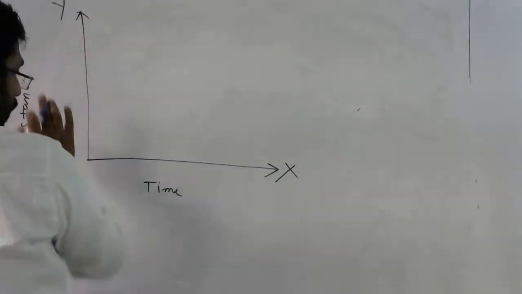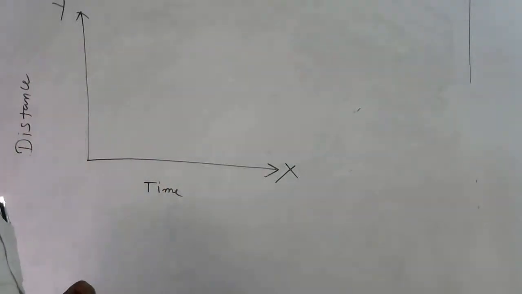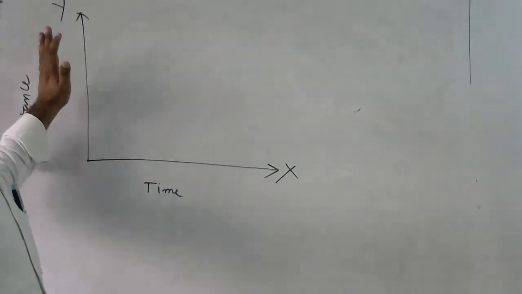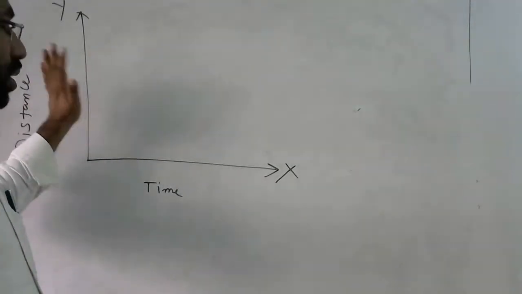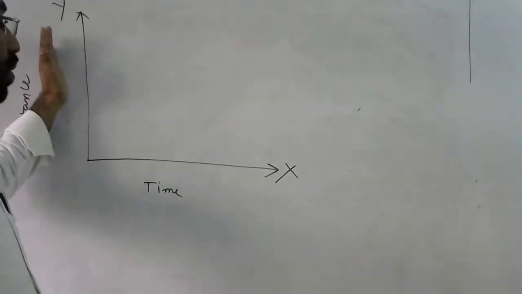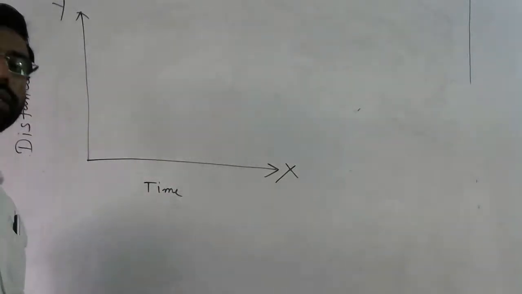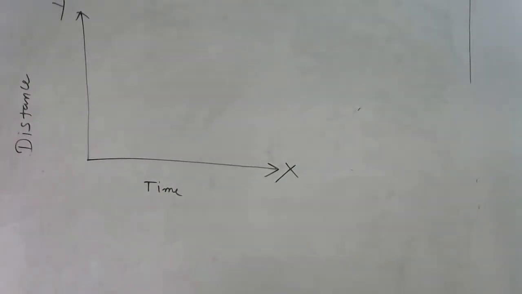That plot is called distance time graph.